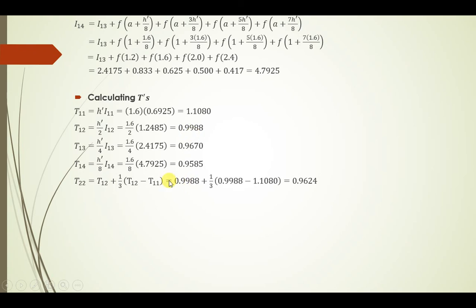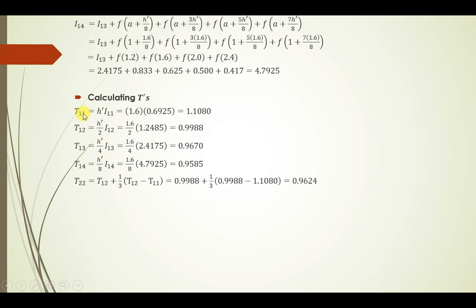Replace t12 by its own value, plus 1 by 3 times the same t12, minus t11, see here.